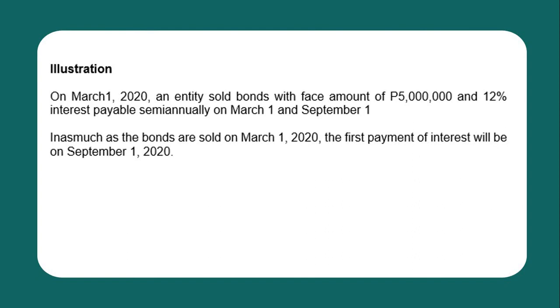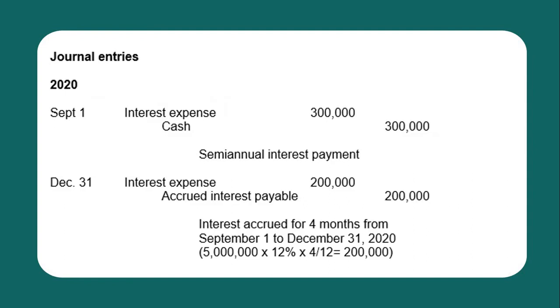Okay? So, tama ni siya, no? September 1. So, entry nato is debit interest expense and credit cash, 300,000. For December 31, though there's no payment yet for the second semi-annual interest, however, after the first payment on September 1 until the end of the reporting period, there is already interest that was accrued.